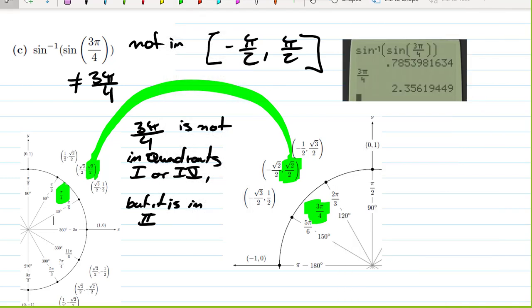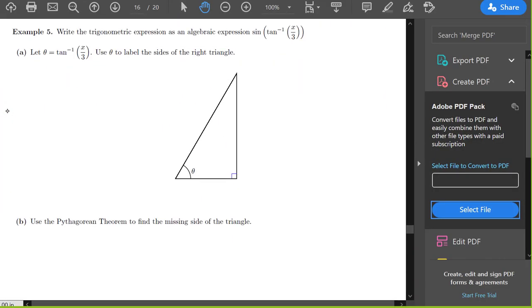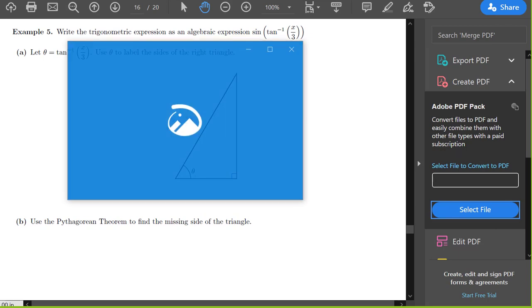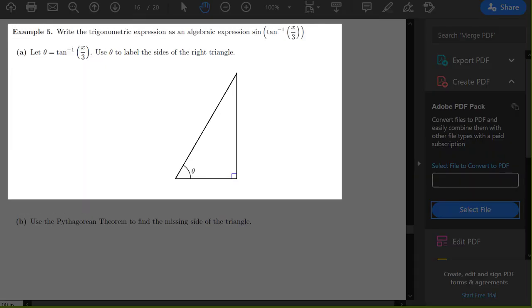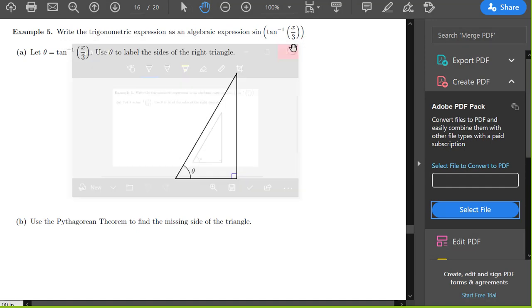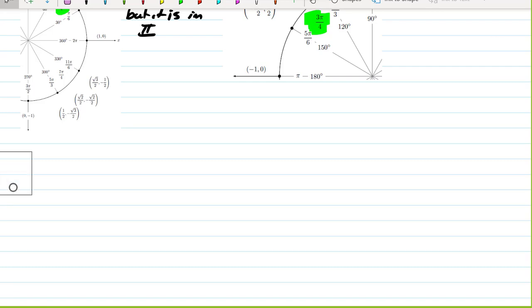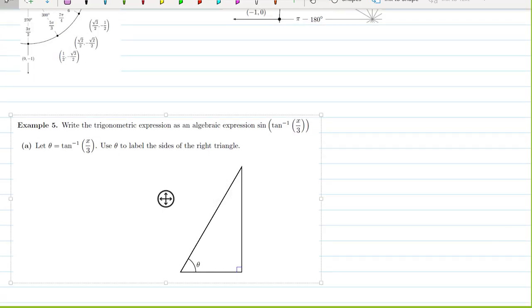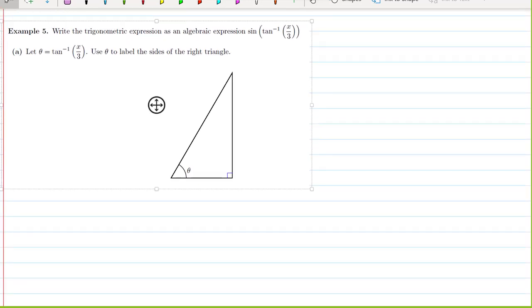All right, so let's take a look at our next example. Example 5, write the trigonometric expression as an algebraic expression.